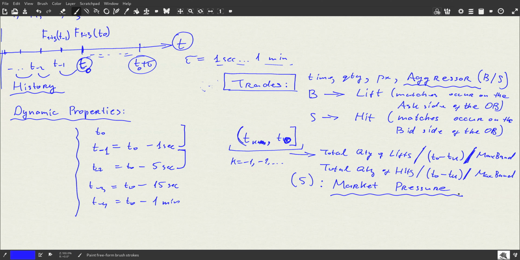What else can we do? Market pressure is about liquidity taking. So this is a metric of liquidity taking by the aggressors.